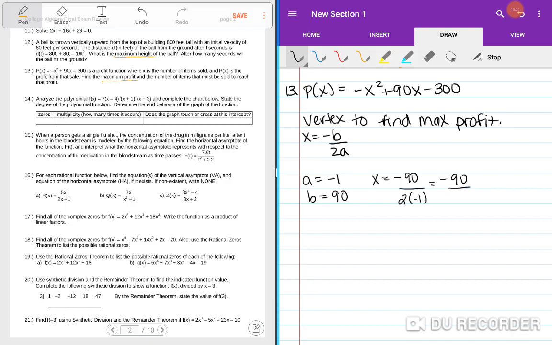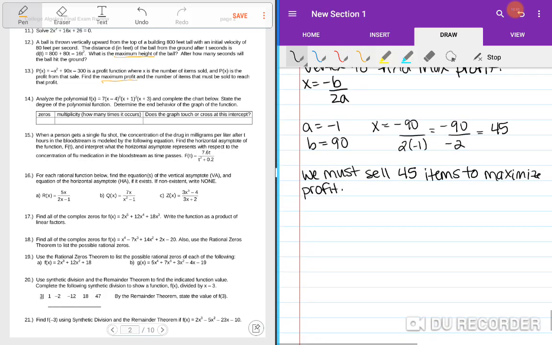So -90 over -2, which I believe is 45. I should know that, but all right. So what does x represent? x is the number of items sold. So we must sell 45 items to maximize profit.